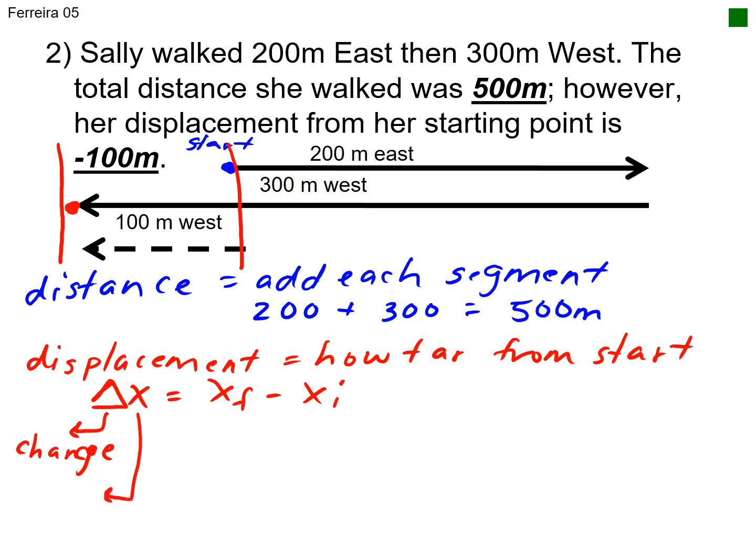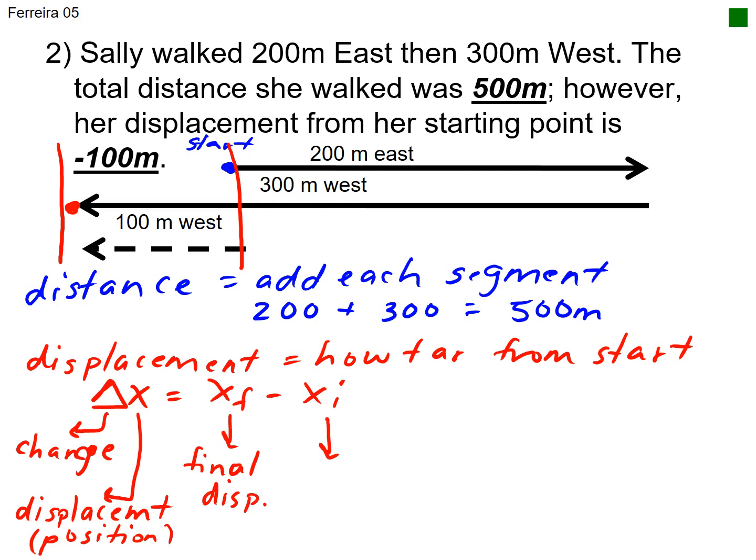The x is the physics representation for displacement, which remember can also be called position. xf is the final position or final displacement. I'm going to abbreviate so I don't run out of room. And then xi is the initial, or the starting position.